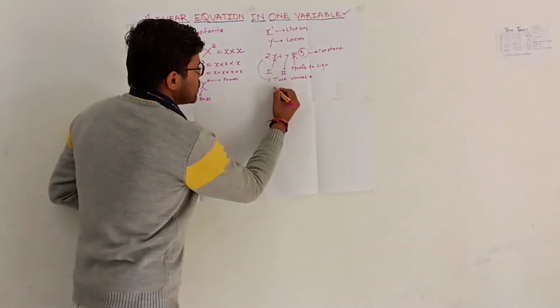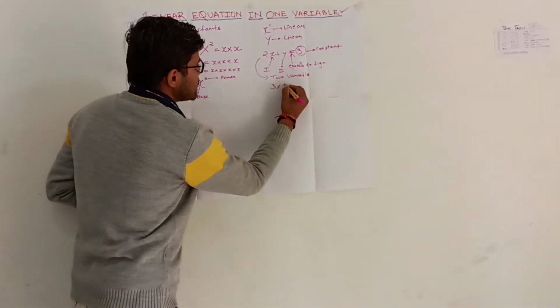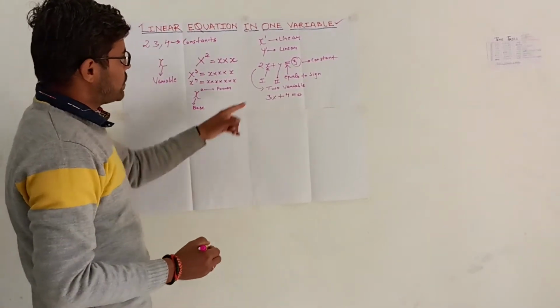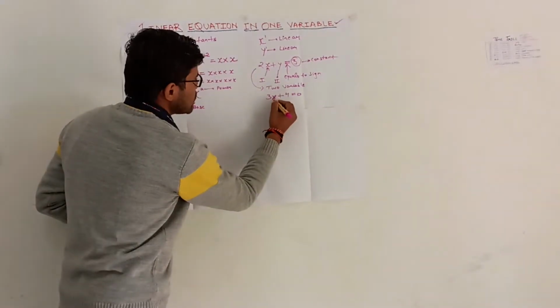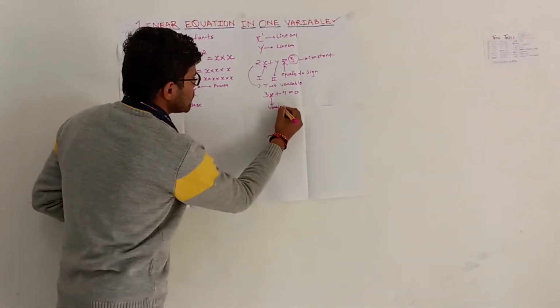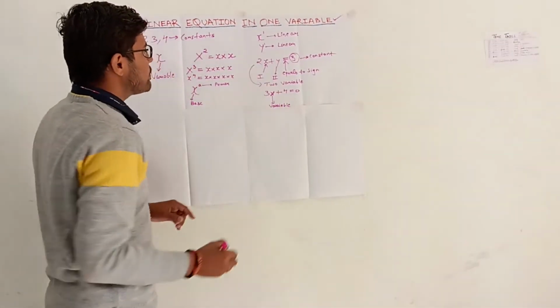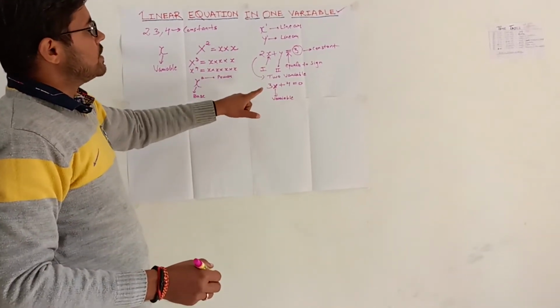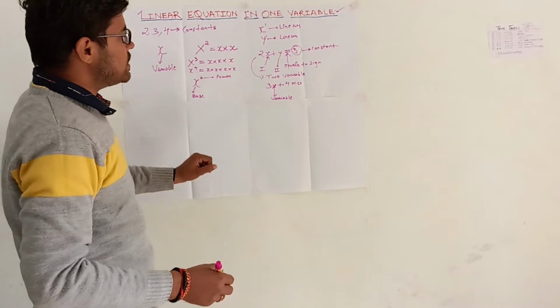So our equation will be something like this. Now in this equation only x is variable, because we don't know the exact value of this x. So in this equation just x is variable. Therefore this is a linear equation.